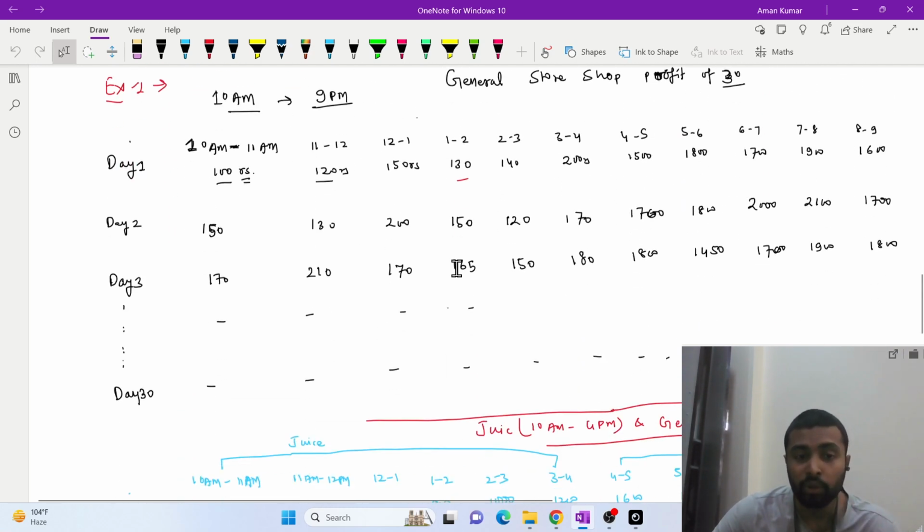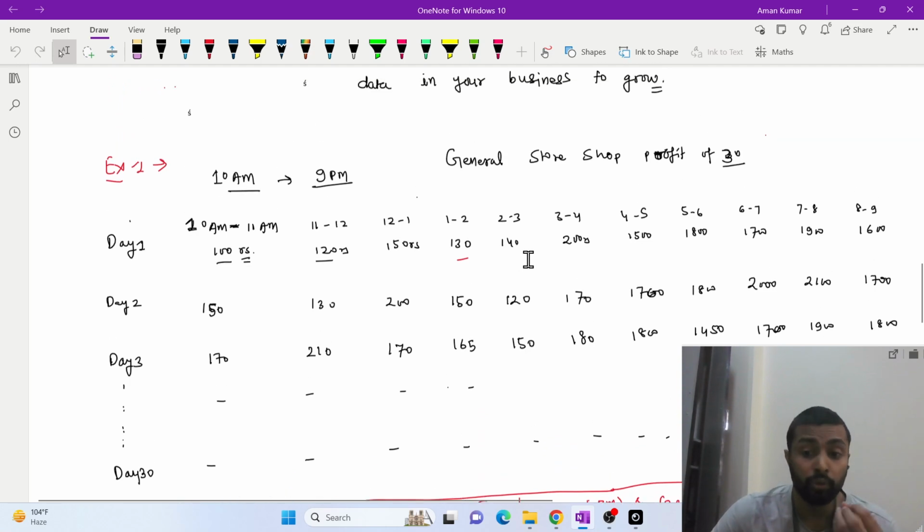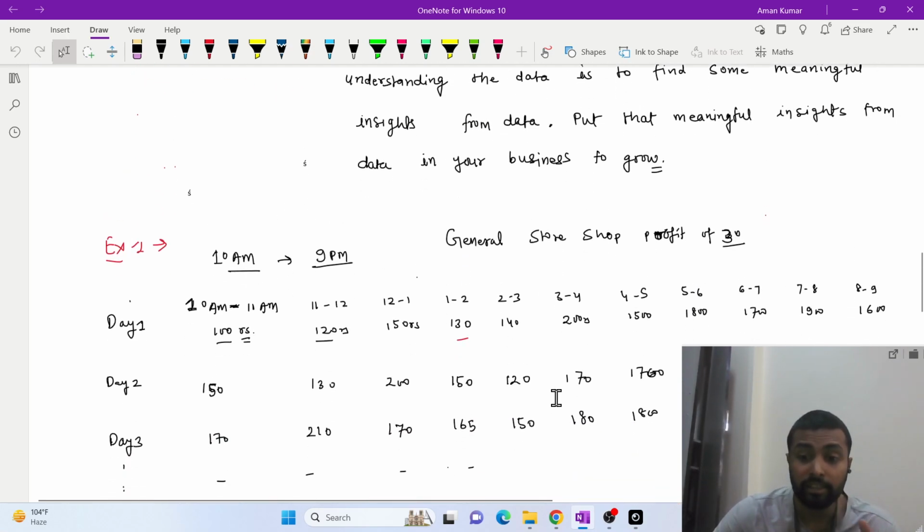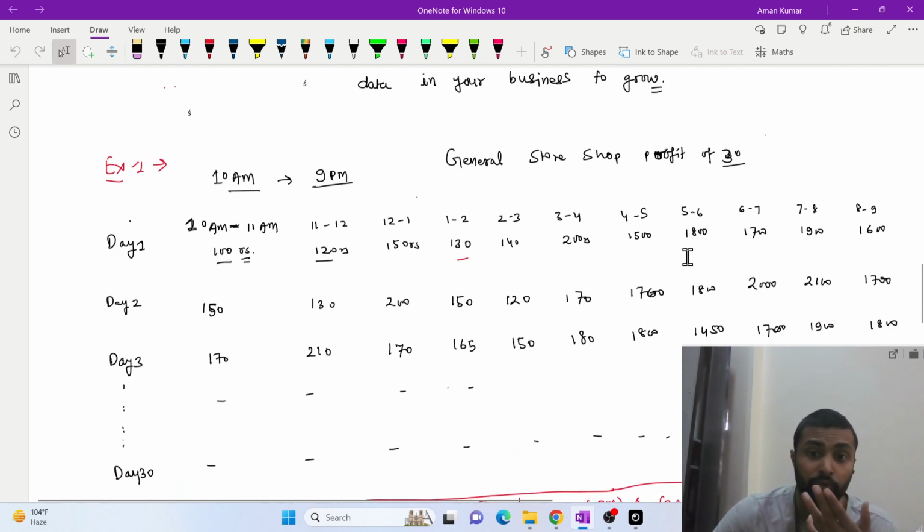So here you had 30 days of data, and you were an intelligent guy, and then you researched this data. After researching this data, you found some meaningful information. You found that, hey, 10 a.m. to 4 p.m. I'm in loss, I'm not earning too much, and after 4 to 9 I'm earning too high.